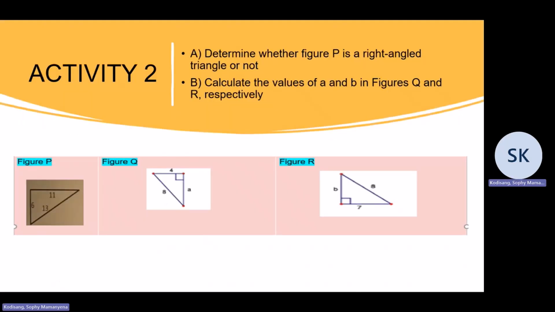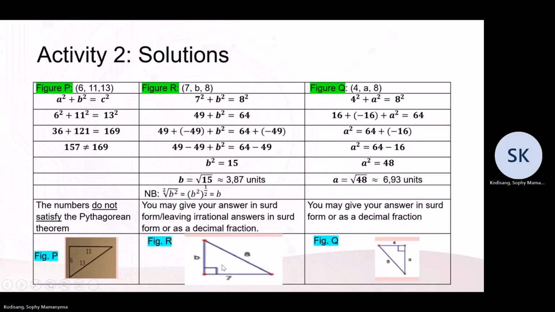Now in activity number 2, we are expected to determine whether figure P as given there is a right-angled triangle or not. And then secondly, we are expected to calculate the values of a and b in figures Q and R respectively. So let us quickly look at the solutions of the 3 questions.